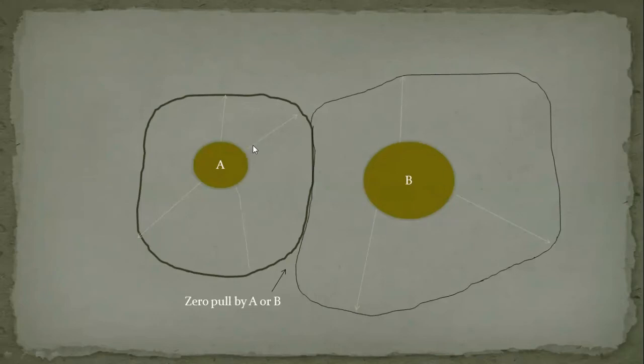Now till this region, the effect of A can be noticed. Since the effect of A can be noticed till this region, a boundary has been made, and according to this boundary, its impact is till here.